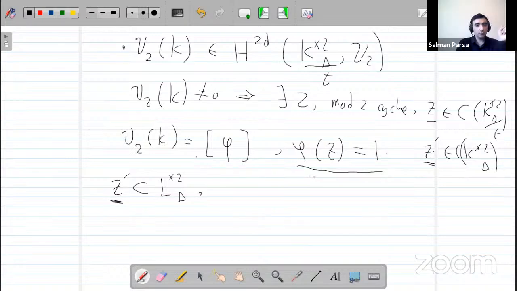Yes, but that is also the number of intersections between... So this Z prime is a product of cells like this, which are disjoint, and the value of phi on this is the parity of the sum of the intersections.